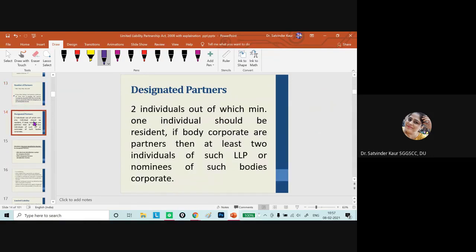Then there comes the requirement of designated partners. As we talk about the company, in a company we initially have the promoters, then we have the directors, who are to be nominated and who manage the business on behalf of the shareholders.